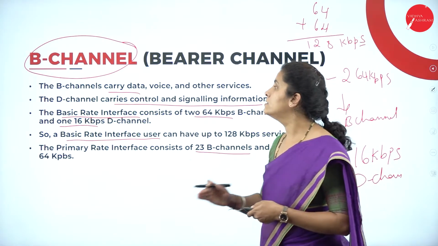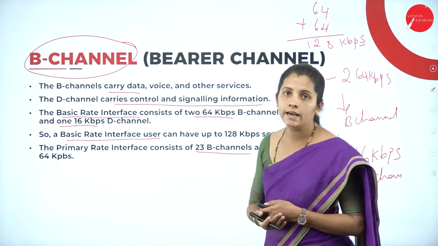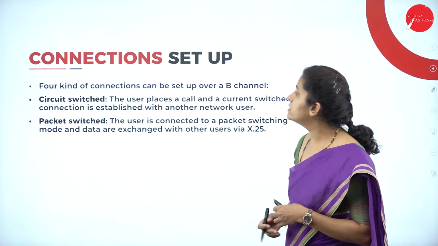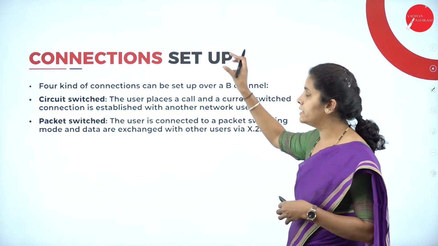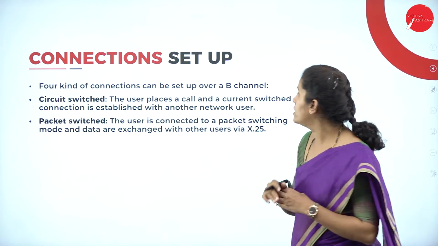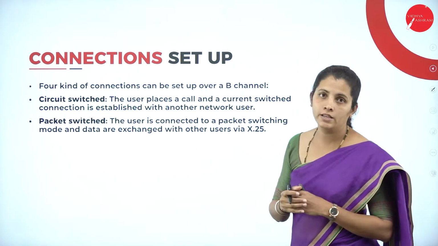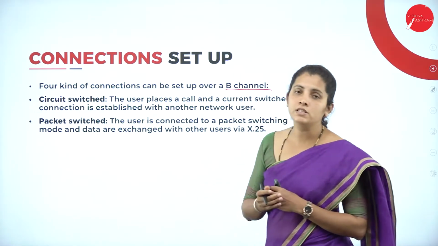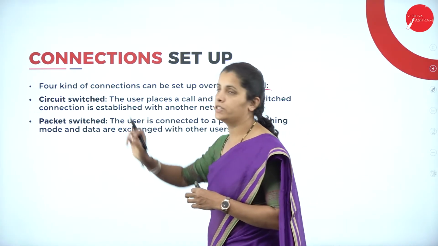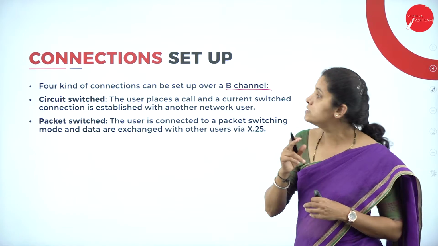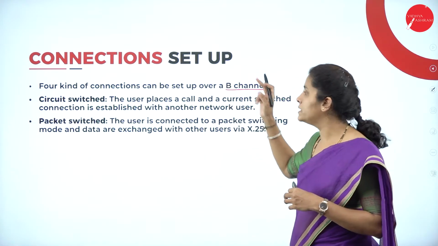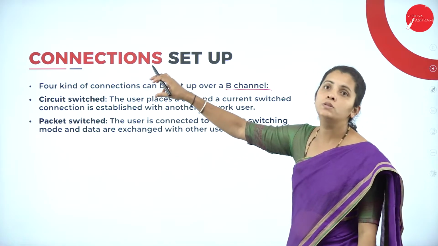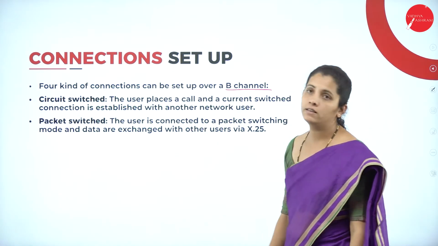So moving further, let's see how the connections are established in the B channel. Here we are going to get four different kinds of connection setup for the B channel. The first one is circuit switched. Here the user is going to place a call.